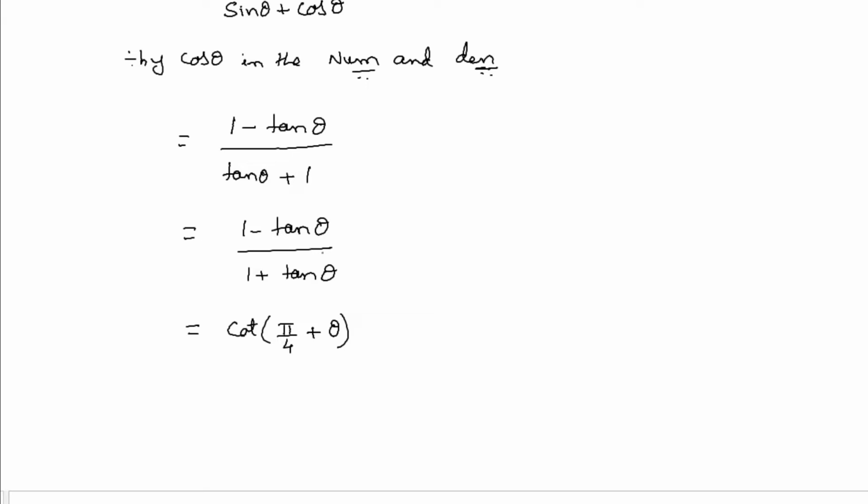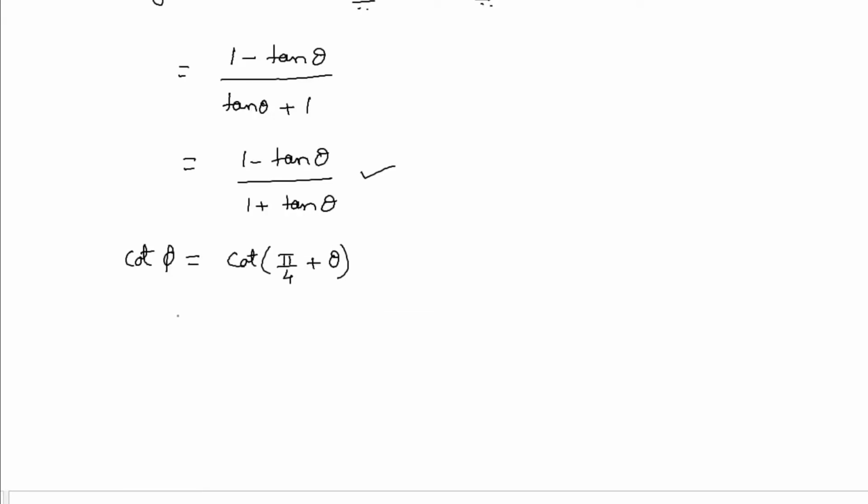You can watch the video to know how we got this 1 minus tan divided by 1 plus tan as cot. Since you have cot value on both the sides, the value of phi will be nothing but pi by 4 plus theta.